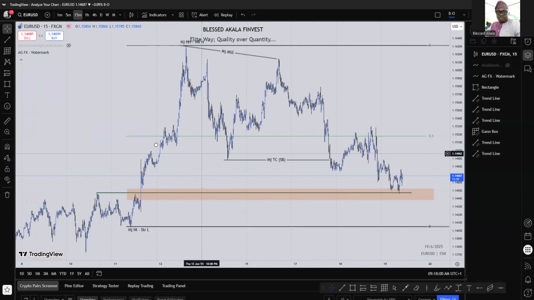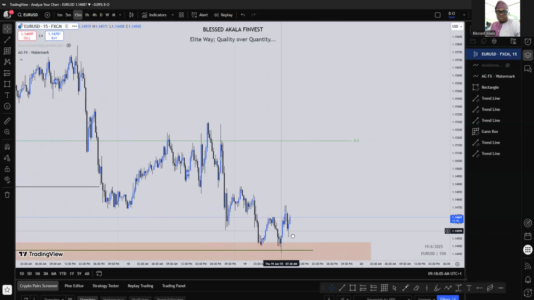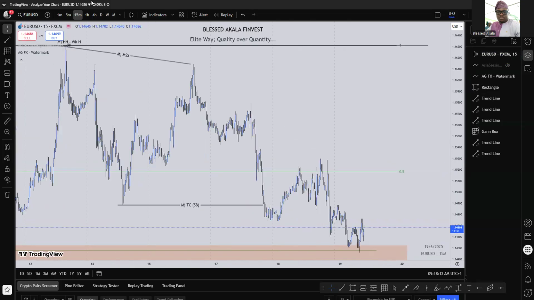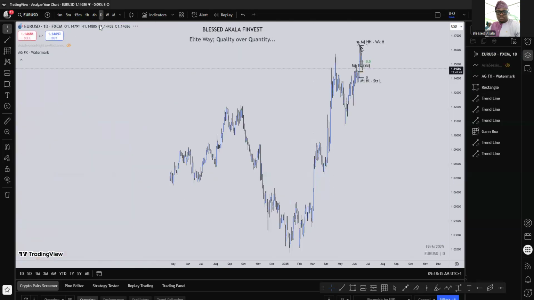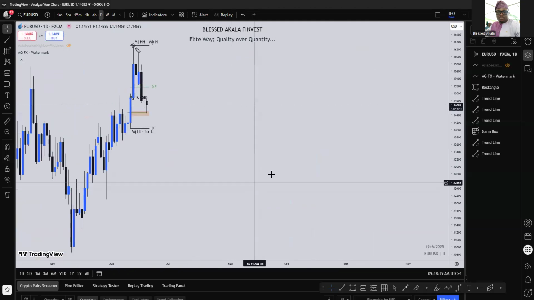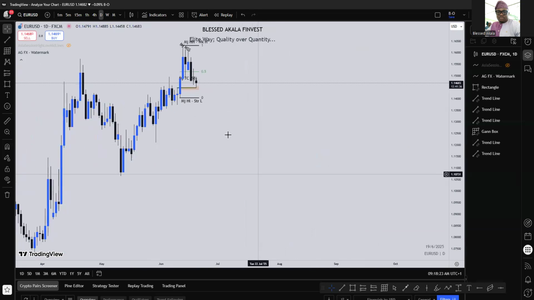Personally, we are already on the right side of the market. Depending on whatever this leg is creating, that's what will determine whether we are going to shift again. But if we look at the daily appropriately, we'll see what is going on with this particular leg here.